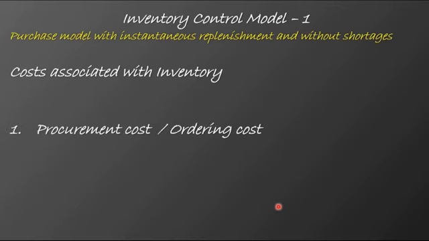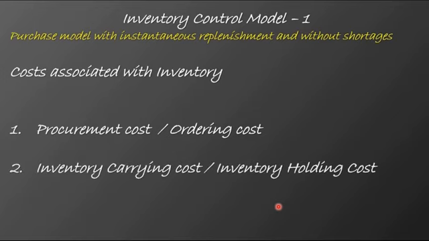So there are mainly two costs associated with inventory: procurement cost or ordering cost and inventory carrying cost or inventory holding cost. Procurement cost or ordering cost is the cost associated with procuring the goods, and inventory carrying cost or inventory holding cost is the cost associated with carrying the inventory.